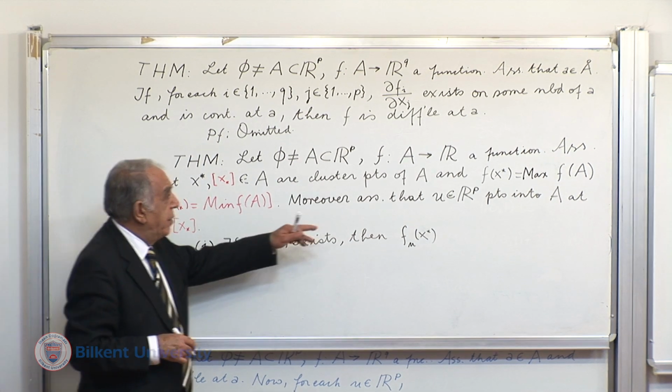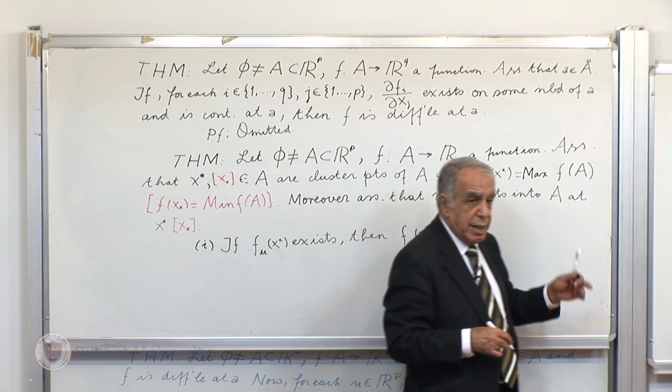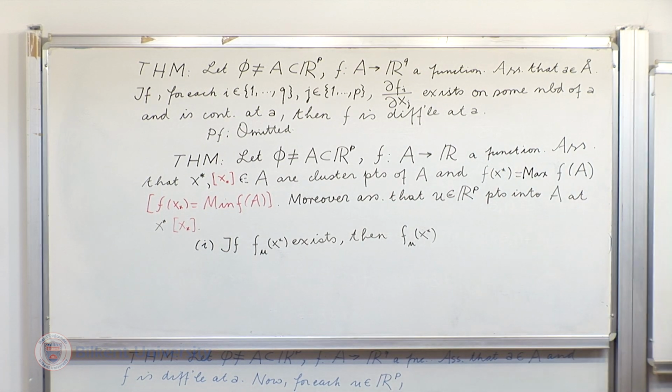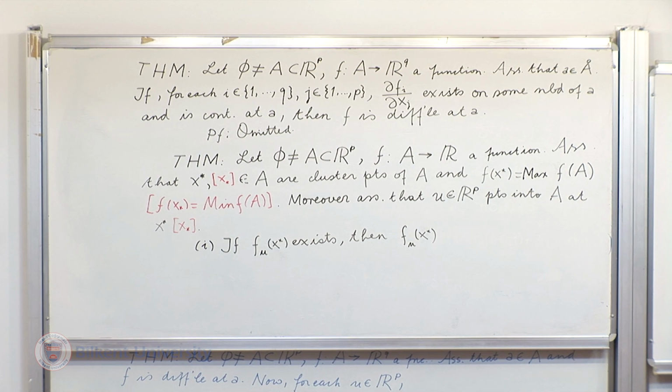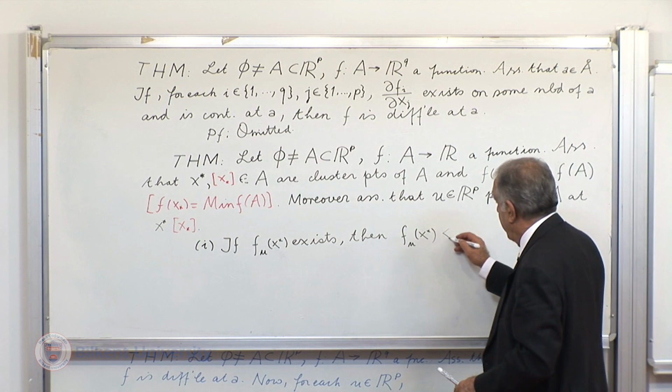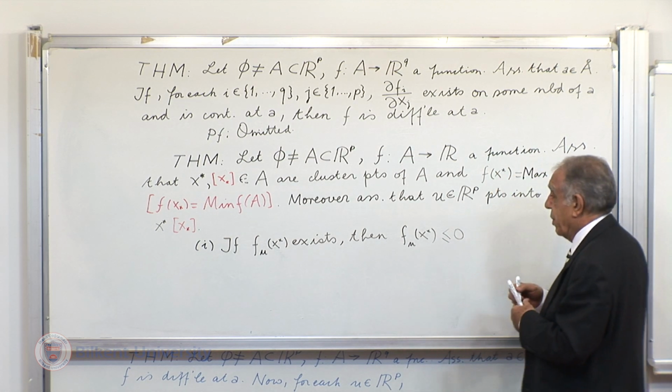Well, if f of x star is the maximum of f of A, if you move away from x star in whatever direction allowed, staying within A, you will be going downwards, downhill. So this will be less than or equal to 0.